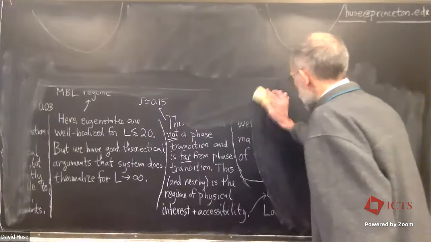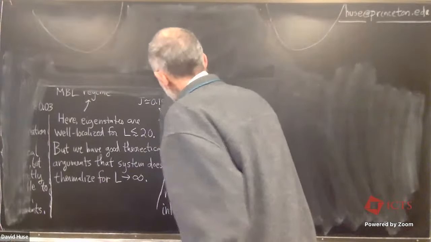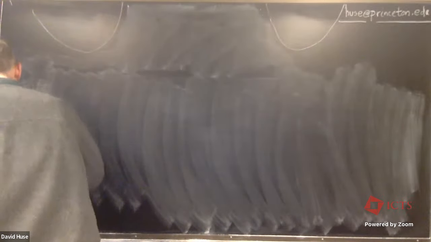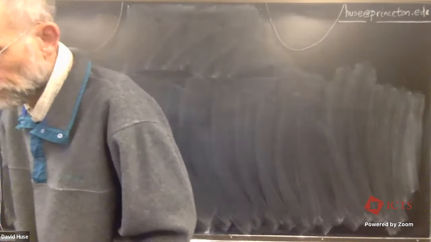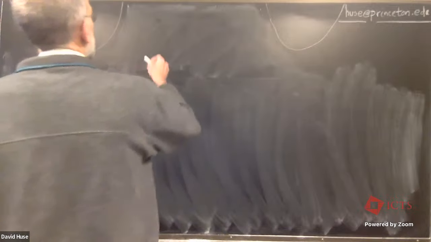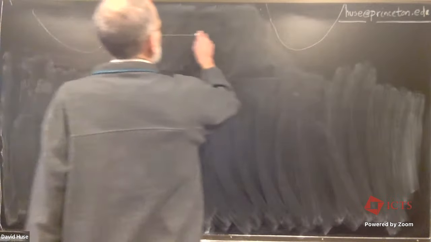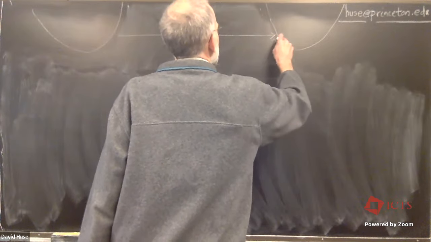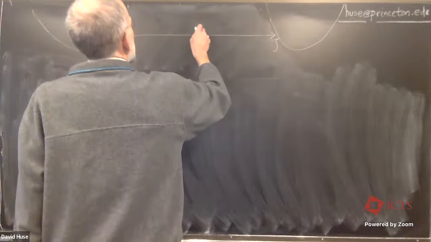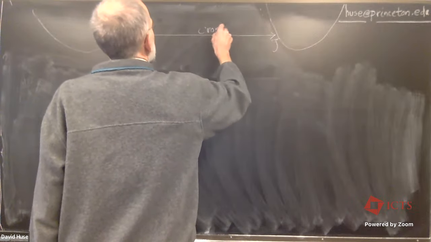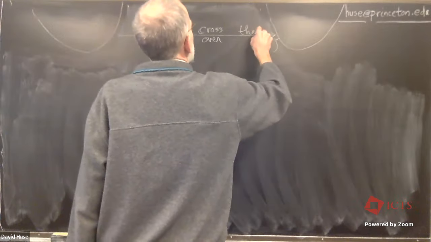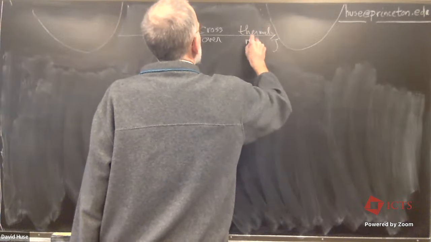Okay, so right, we're going to focus. Let me just put the phase diagram back up here. So here's J. This crossover, thermal regime.